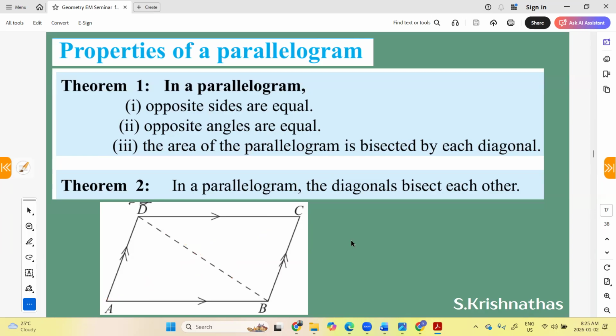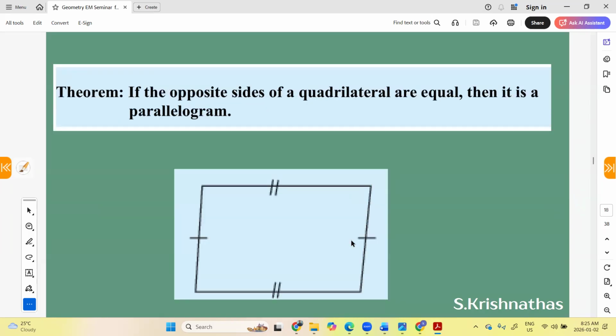Next, students, in a quadrilateral, if opposite sides are equal, it is a parallelogram. In a quadrilateral, if opposite angles are equal, it is a parallelogram.